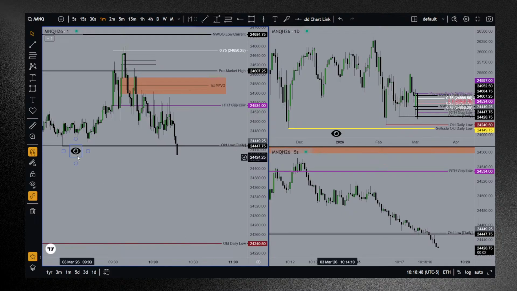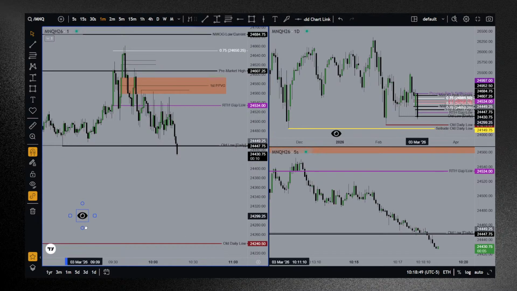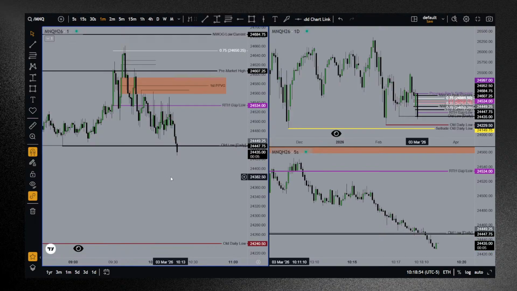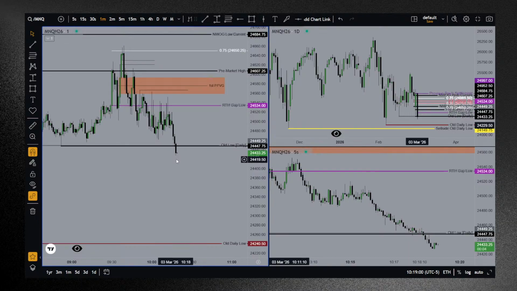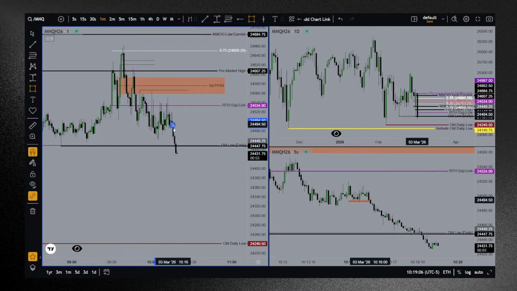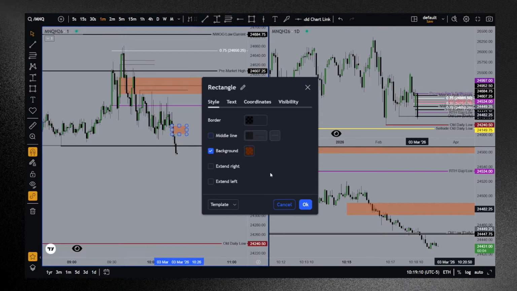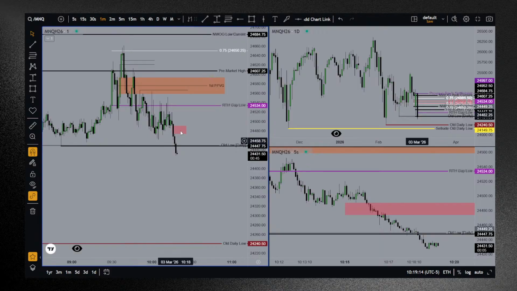And what I would like to see now is price start losing ground here, meaning this fair value gap that we left as we were leaving the range here should stay open in my opinion.